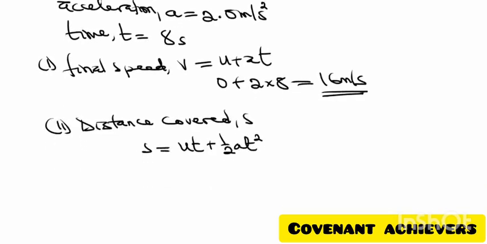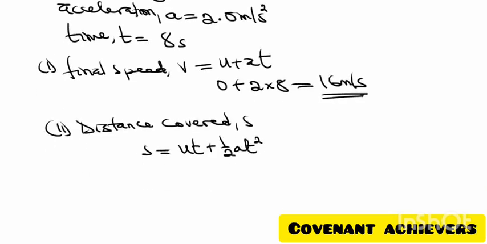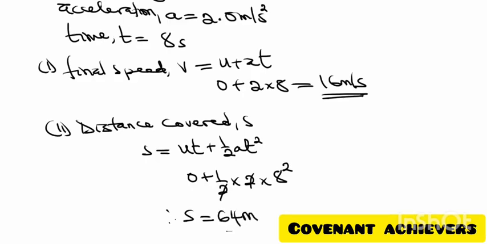Our u is 0, so this is going to be 0 plus 1 over 2 times a. Our a is 2, then times t square, that is 8 square. From here these two will cancel these two, so therefore our x is equal to 8 square, that's 64 meters, and that is how we solve it in a demystified way.